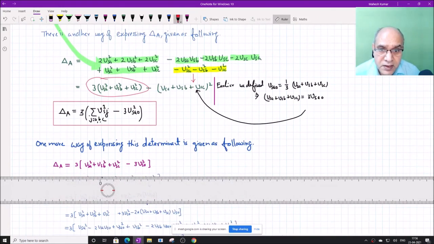Now we have defined earlier the zero sequence voltage as 1 by 3 of VSA plus VSB plus VSC. Therefore, VSA plus VSB plus VSC is equal to 3 VS0.